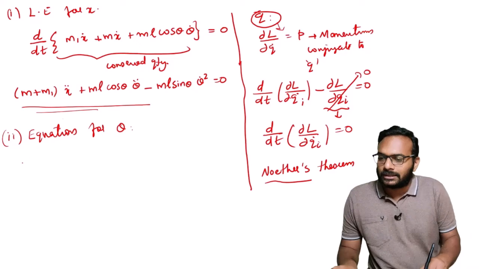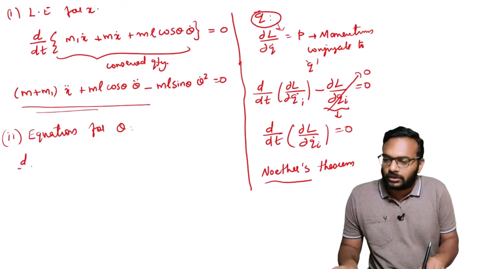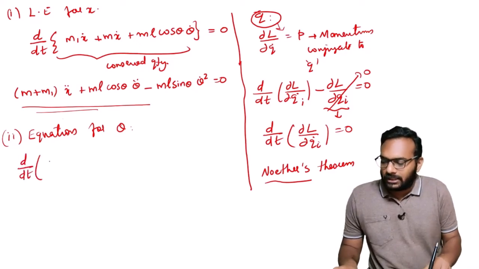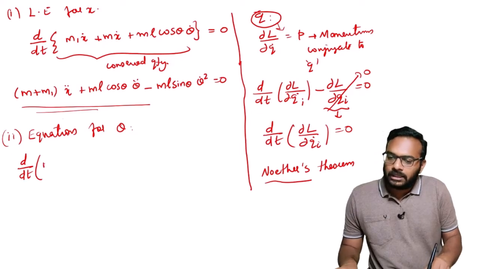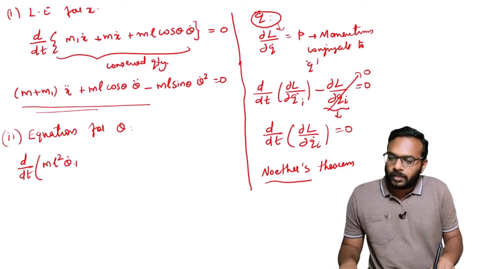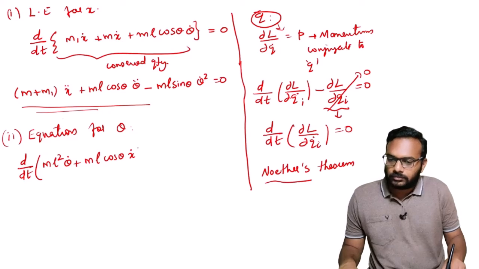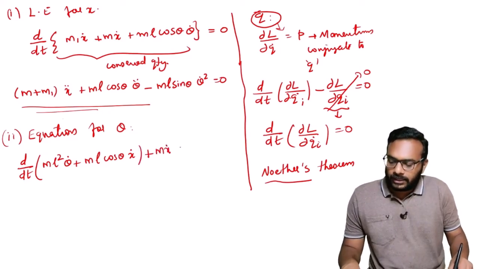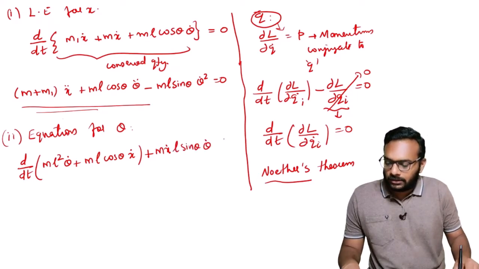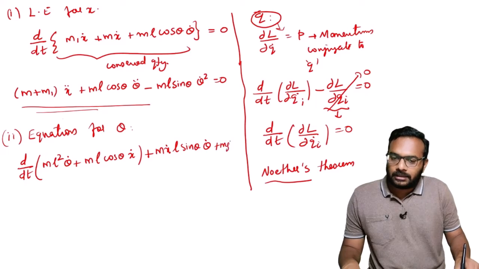You can check this: if you take ∂L/∂θ̇ and take d/dt of it, you get d/dt of (ml²θ̇ + ml cosθ ẋ) plus mẋ L sinθ θ̇ plus mgL sinθ equals 0.